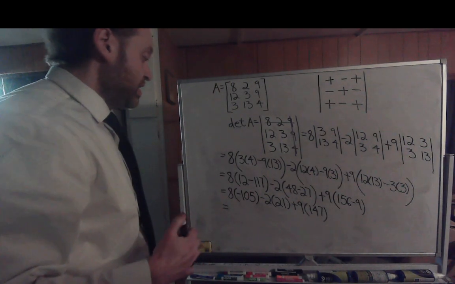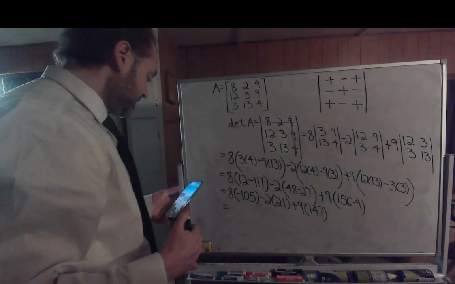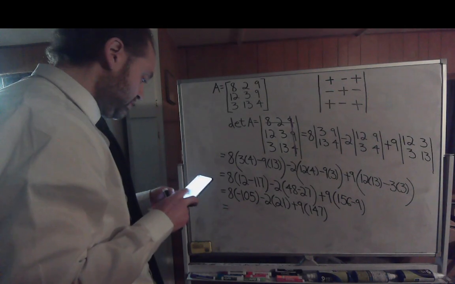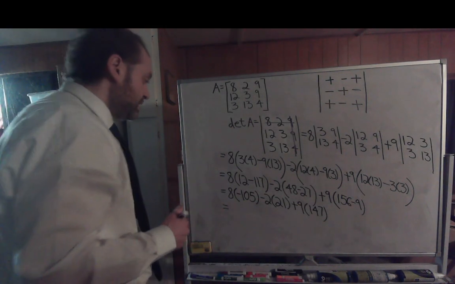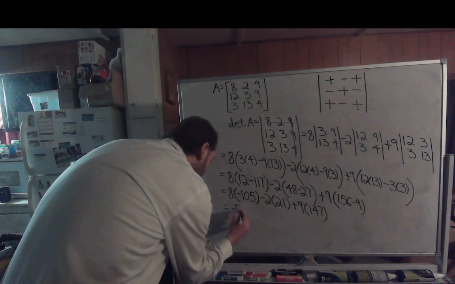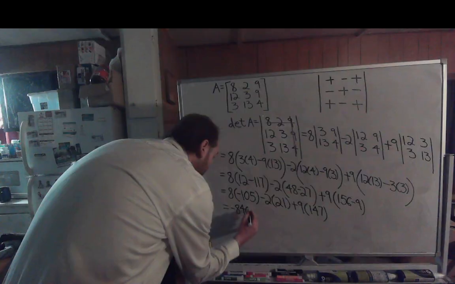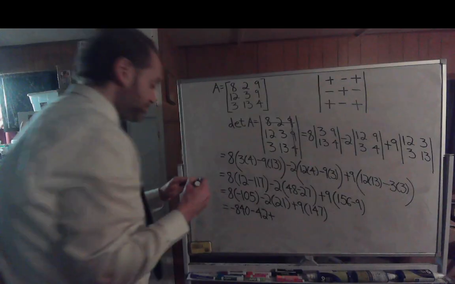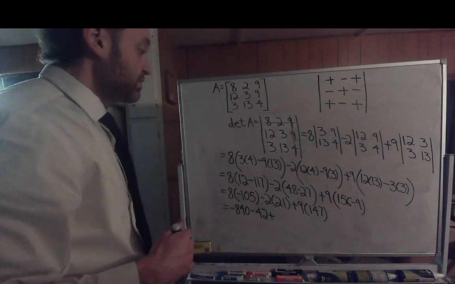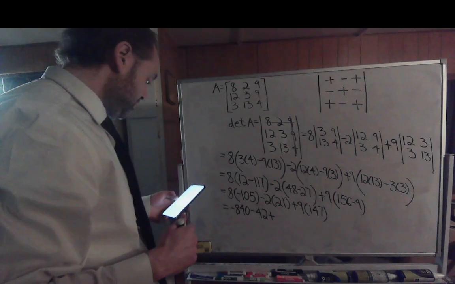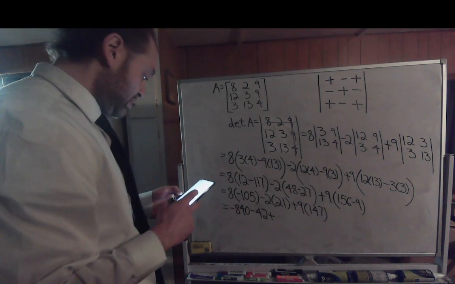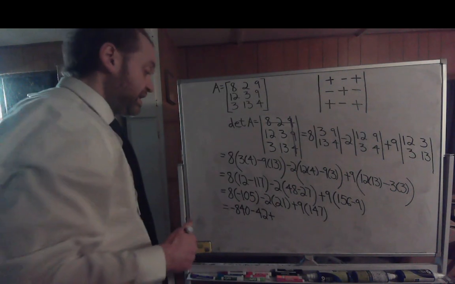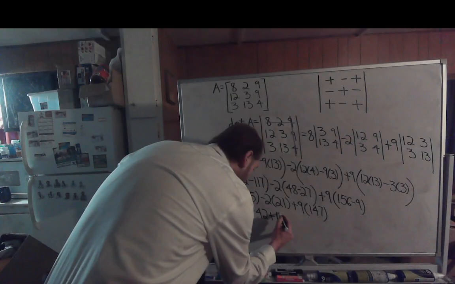We're almost there. Now we just need to figure out what 8 times negative 105 is. I think that's going to be negative 840. I just want to be sure. Yep. Negative 840 minus 42 plus, let's figure out 147 times 9. $1,323.